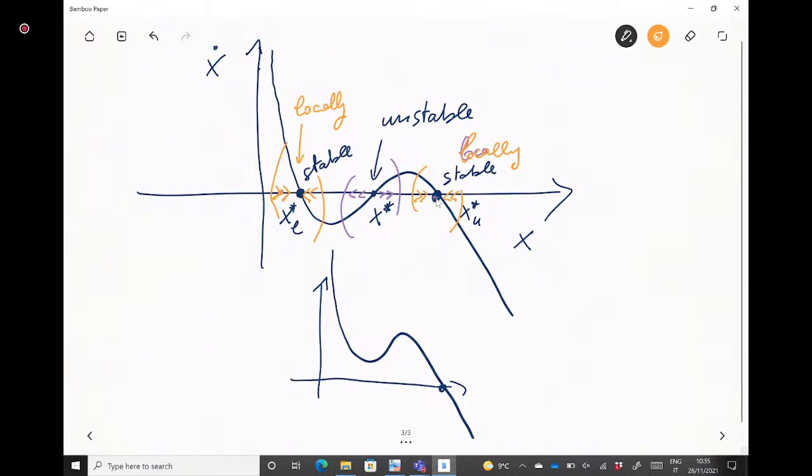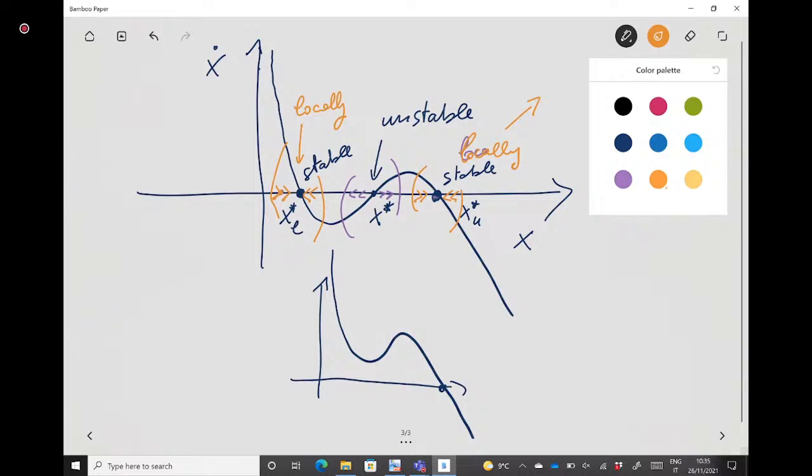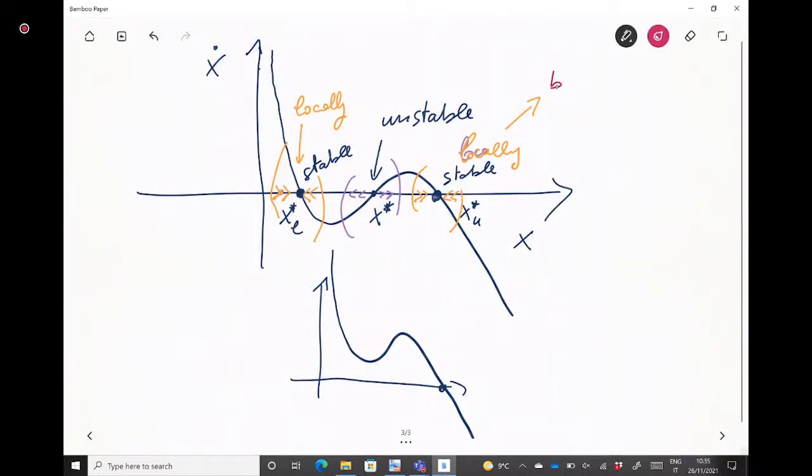So, for this locally stable steady state, the so-called basin of attraction is the open interval from x star to plus infinity. Okay? Any initial condition that lies in this interval, okay, will generate a time path that in the limit goes here. And we assume that f of x now is defined over 0 to plus infinity, okay?